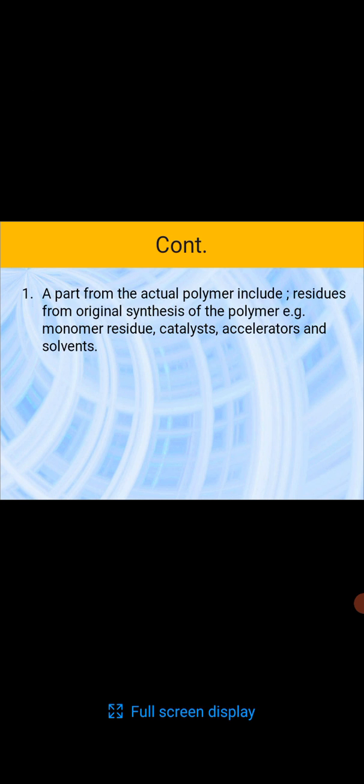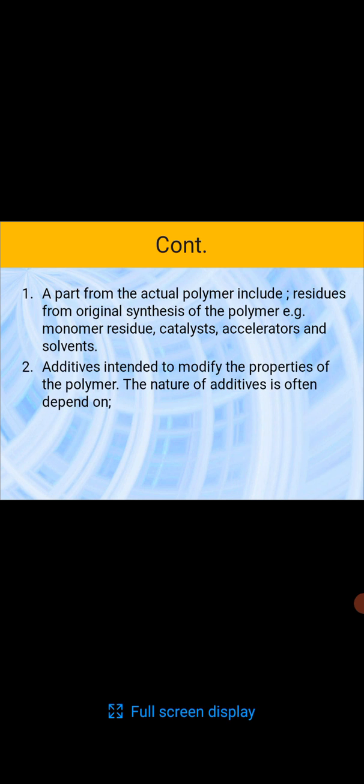Apart from the actual polymer, the constituents include residues from the original synthesis of the polymer, for example monomer residue, catalysts, accelerators and solvents. Component number 2: additives intended to modify the properties of the polymer.